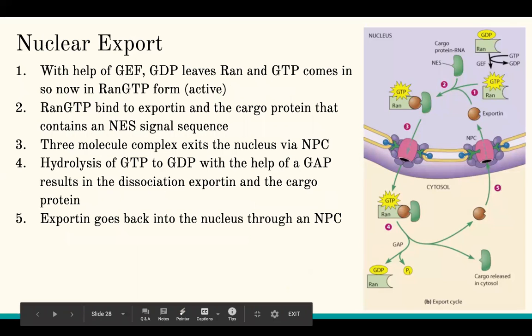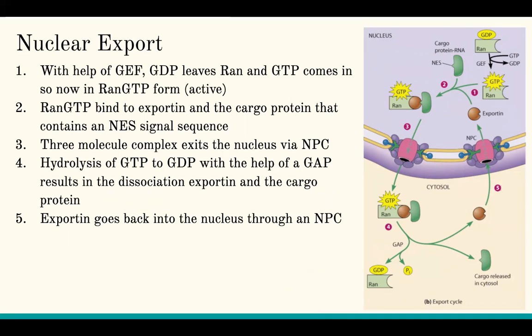Yeah, sure. So export, you're still using your GEF and your GAP. The only difference really is that you're starting on the inside, in the nucleus, and you're trying to get out. So you have this NES instead of the NLS on your cargo protein. Your NES is your nuclear export sequence.